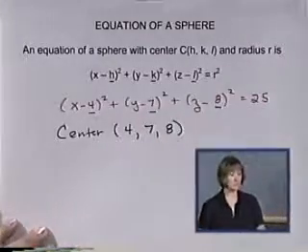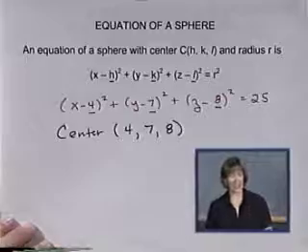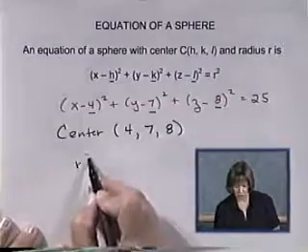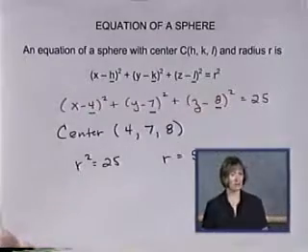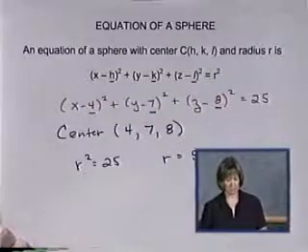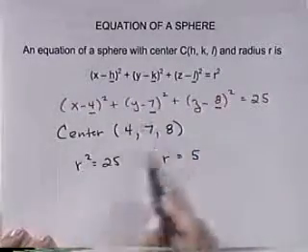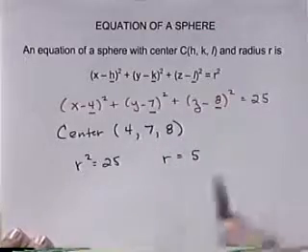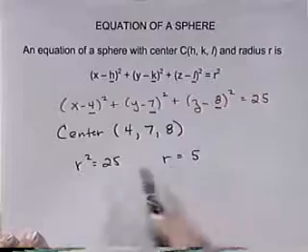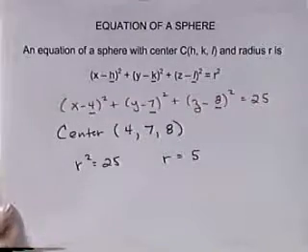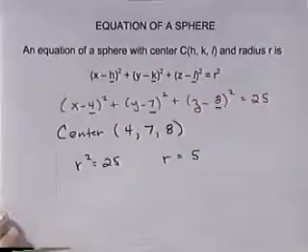So this particular sphere has its center equal to (4, 7, 8). And notice r squared is 25, so r would be 5. So this would be the sphere whose center is (4, 7, 8), and then you go 5 to the right, 5 to the left, 5 up, 5 back, all the points that are 5 units away from that particular center.